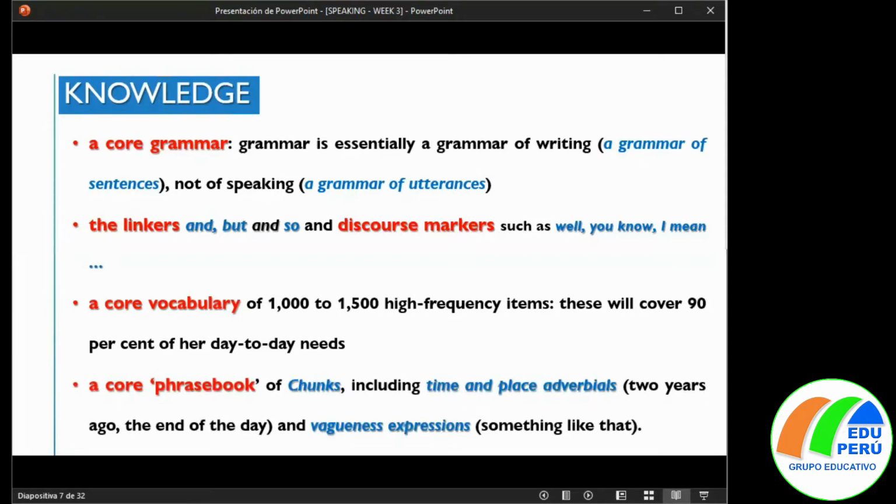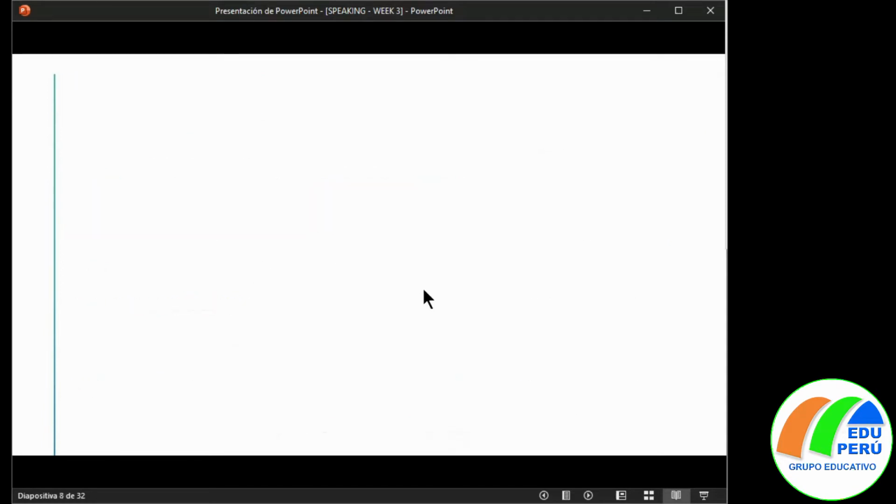Then we need to have a core phrase book of chunks. Now remember, chunks are sets of words that we usually use in different situations, in different contexts, according to different patterns or structures too. So here we have time and place adverbials or vagueness expressions and so on.